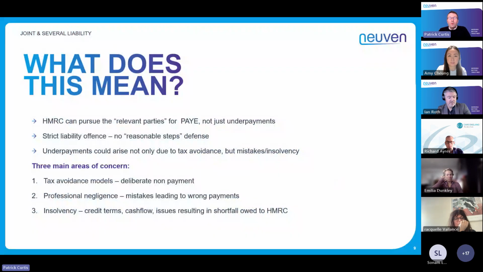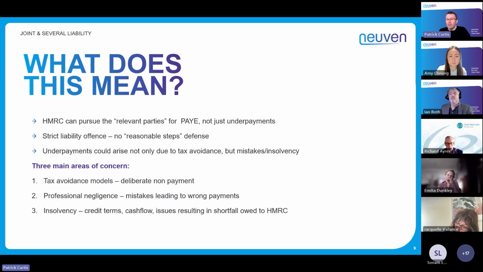So what's the sum total of this information then? HMRC can pursue relevant parties for PAYE. And the important phrase there is not just underpayments. The only thing that matters is that there is Chapter 11 PAYE and NI, and it hasn't been paid. And if you are either the umbrella company or the relevant party, HMRC can effectively pursue whoever it wants to recover that tax.